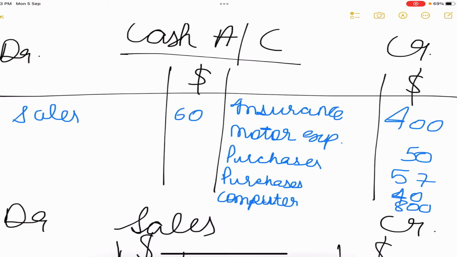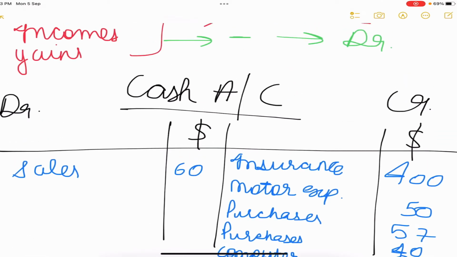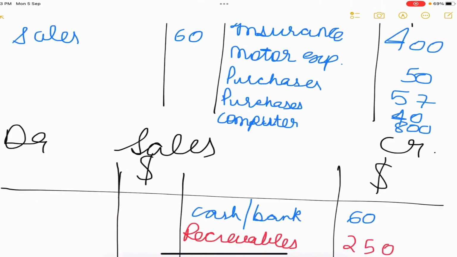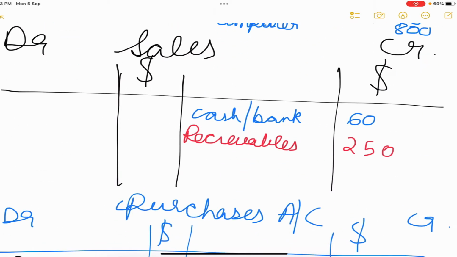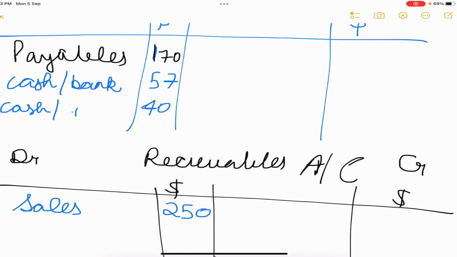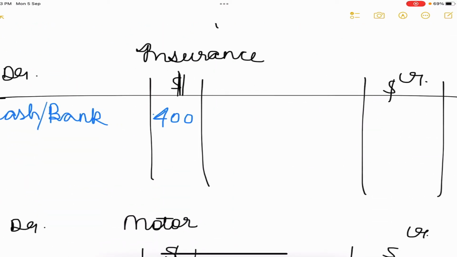And keep this in your mind that we are not balancing the ledgers right now. For now, let's just see this. And then in the following questions, we will be doing the balancing. So you can pause the videos and take the screenshots of all the accounts. This is our cash account. This is our sales account. This is our purchases account, and this is our receivables account. This is our insurance account.